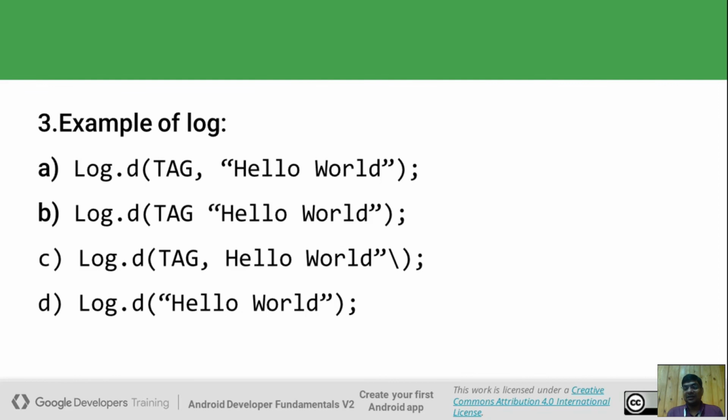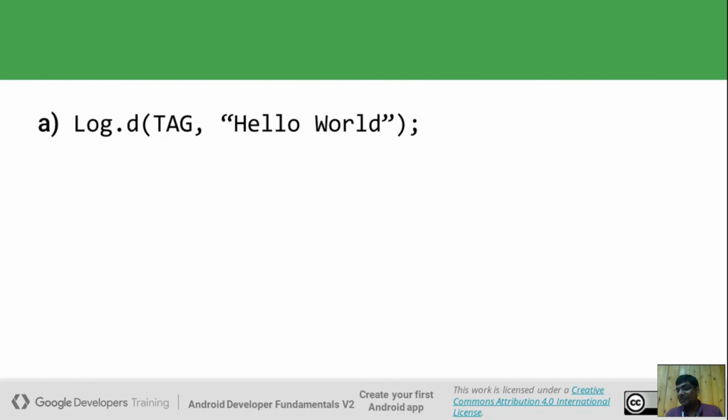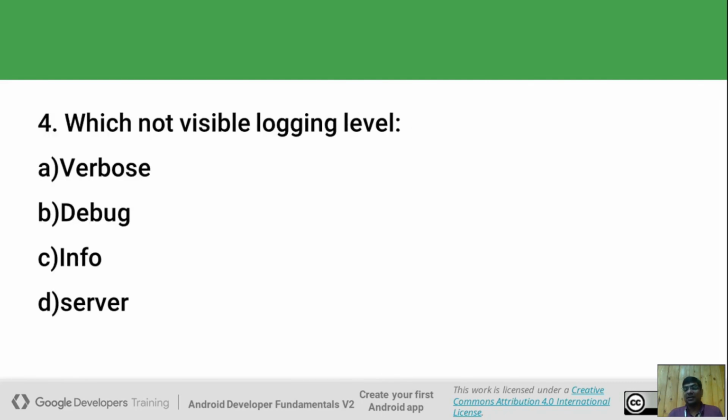So the first is the right syntax of log. Log.d, tag, comma, and in inverted commas you insert the text that you want to put into the log using the tag. So the answer is A.